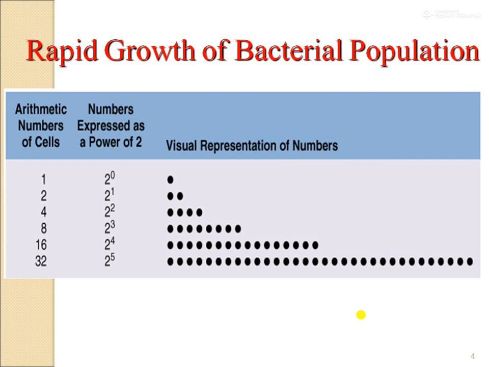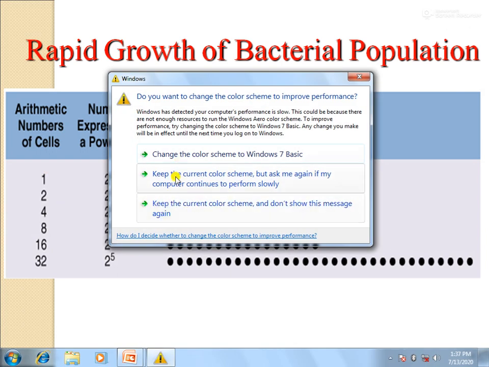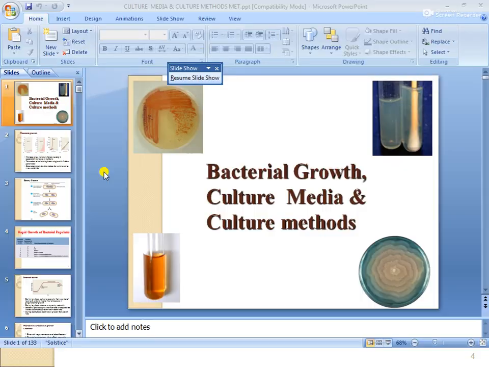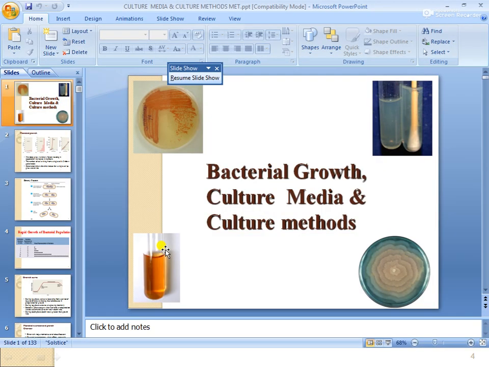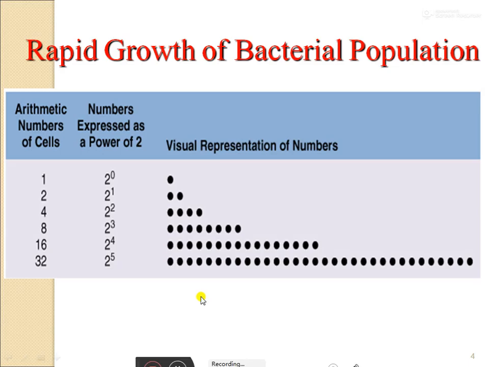This is the rapid growth of bacterial population expressed in numbers. You can see here, this is the first generation which has only one cell. In the second generation, the one cell gives two cells, that is 2 raised to 1.